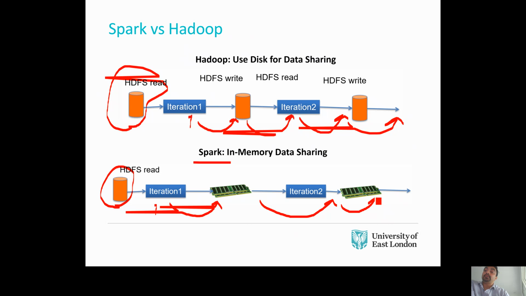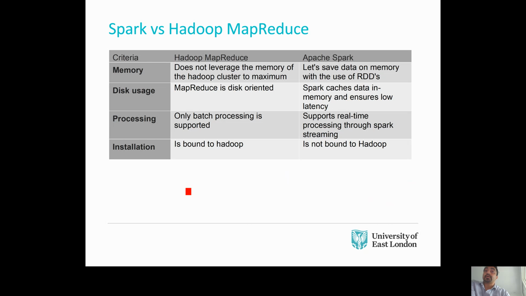This is completely memory-based processing, and any step you want to add is in memory. So at each iteration, the speed is about 100 times more than Hadoop. Very unique technology, we're talking about Spark.